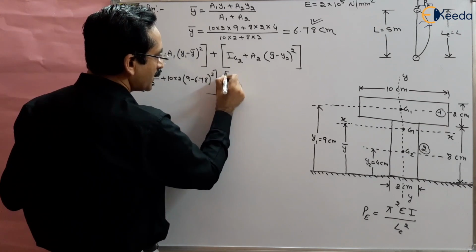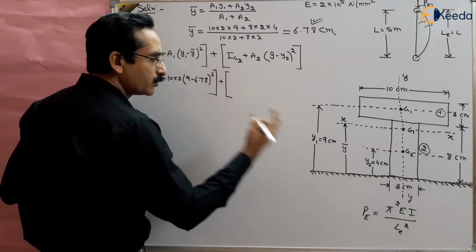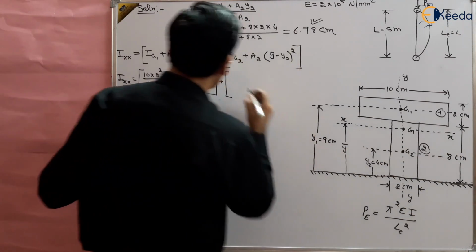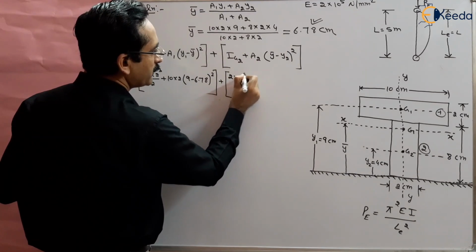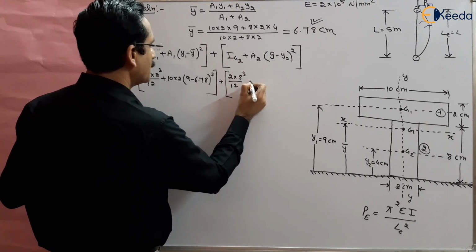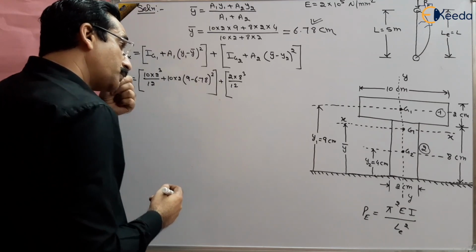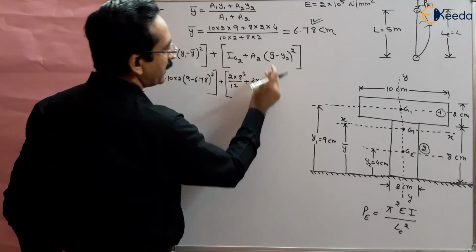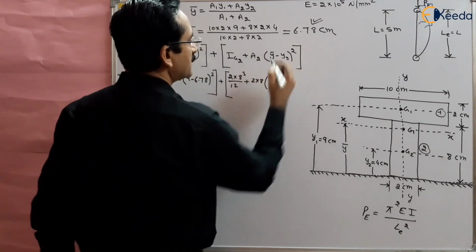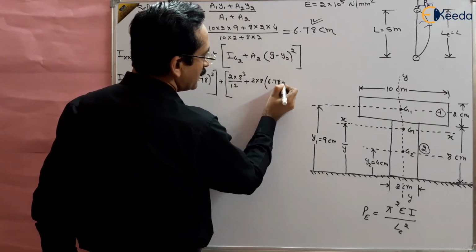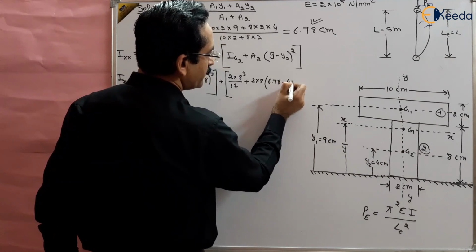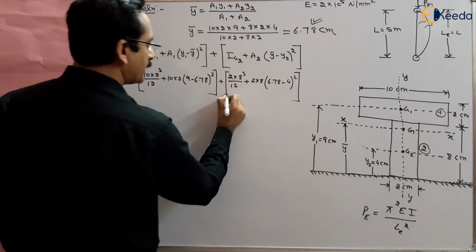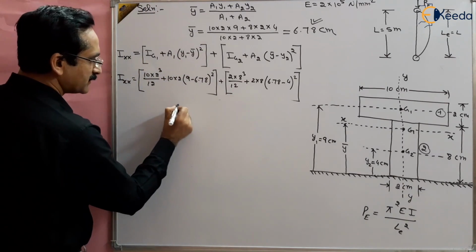Plus Ig2, bd cube by 12. What is b? b is 2 centimeter, d is 8 centimeter. So 2 multiplied by 8 cube by 12, plus area 2 multiplied by 8 multiplied by (y bar minus y2) square. y bar is 6.78 from the reference line, minus y2, which is 4, squared. Solve it and you will get the moment of inertia about xx.